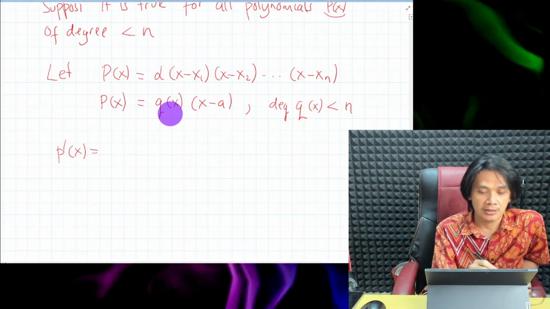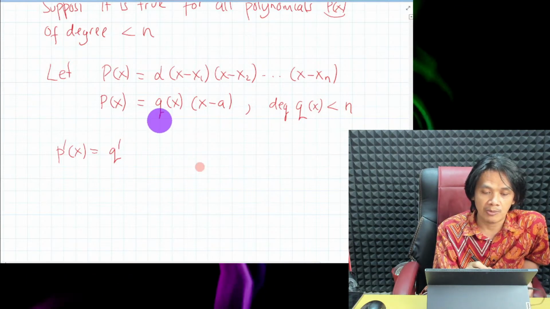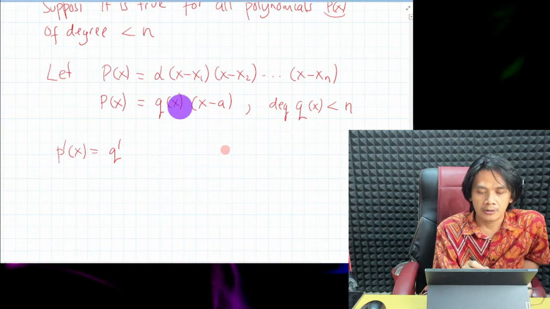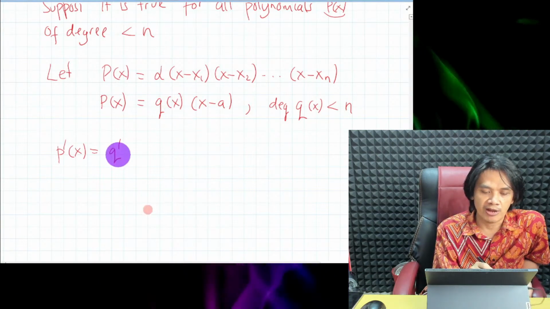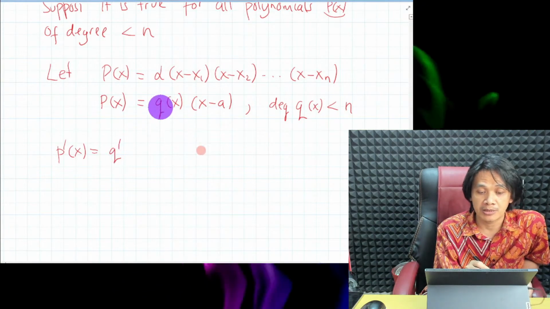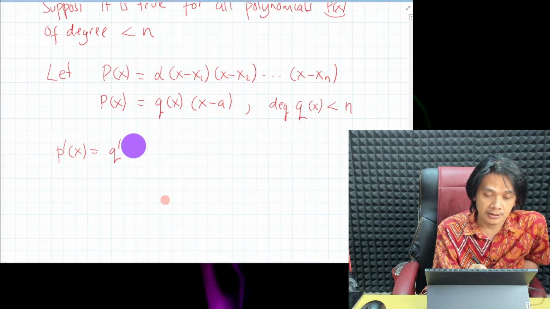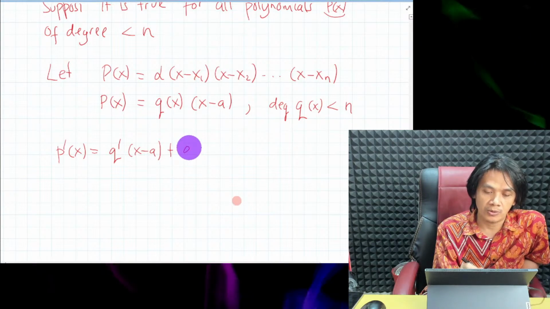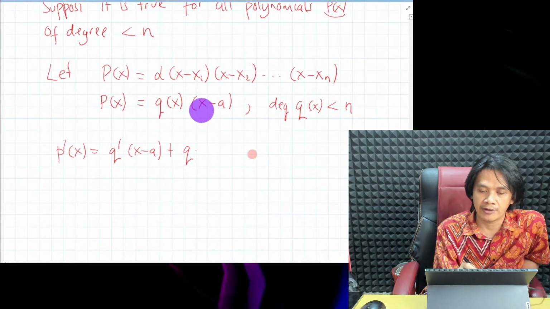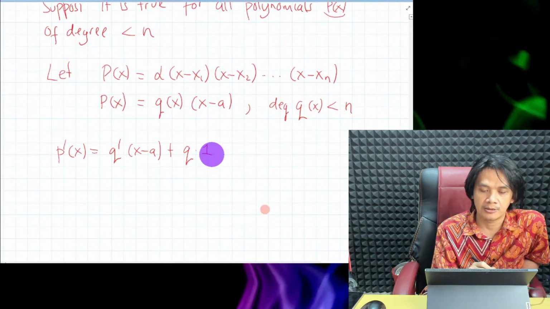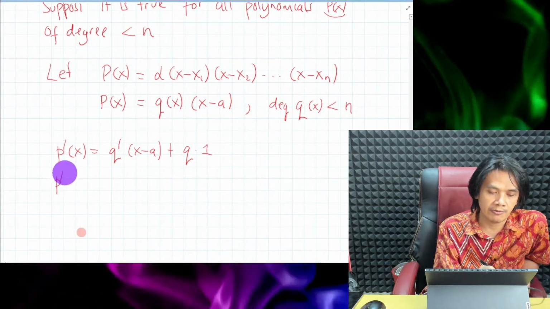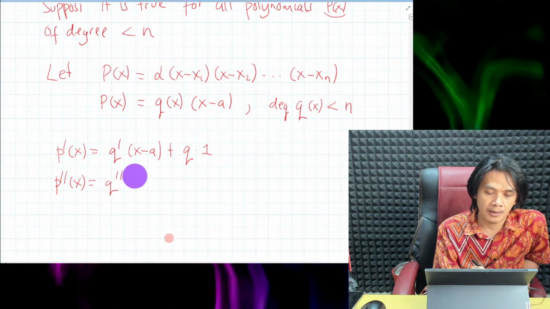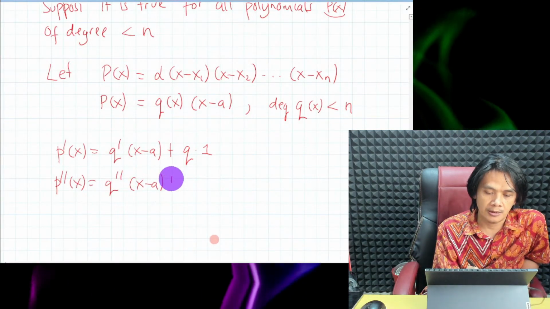Okay, let's compute p prime of x using the multiplication rule. I will just drop the parentheses with x in it. Just write down q prime, which means q prime of x, minus a, and then keep the q, and then take the derivative of x minus a, which is 1, and then take the derivative one more time, q double prime x minus a.